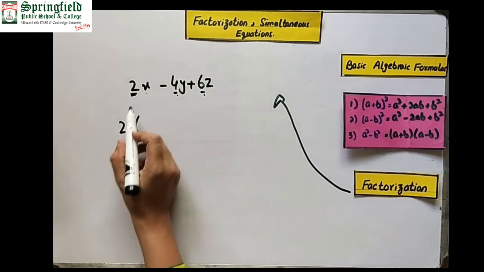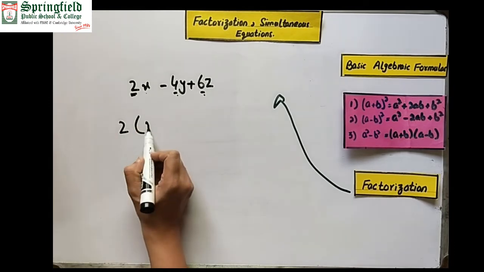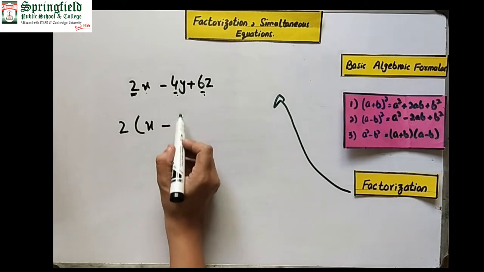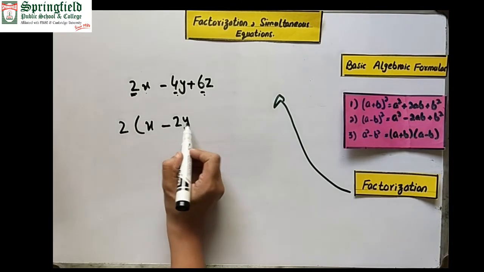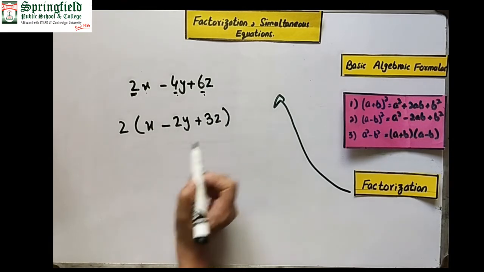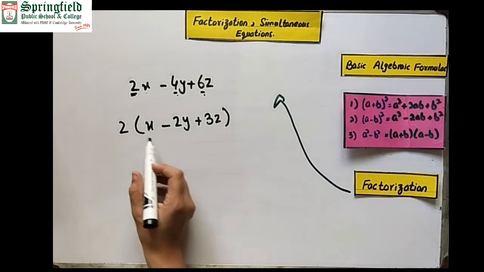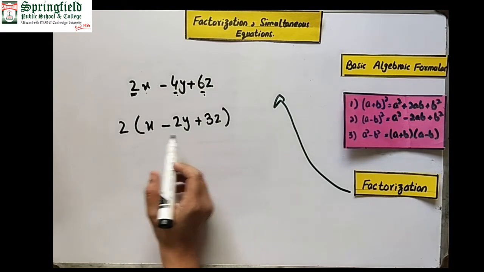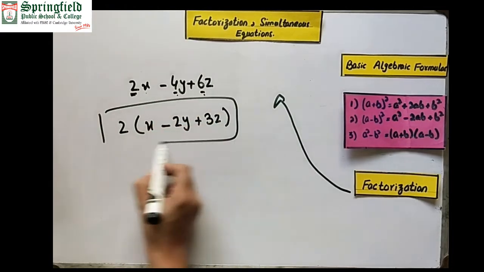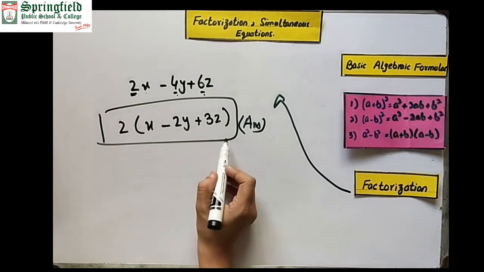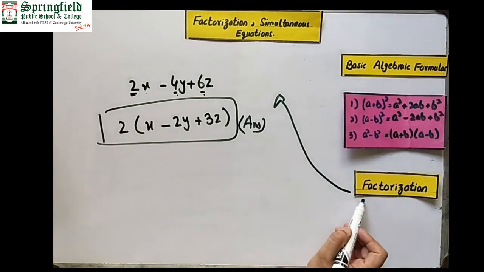When we take the 2 common, just x will be left inside the bracket, and then minus 2 2s are 4, so 2y, plus 2 3s are 6, 3z. Further we cannot take any common, so this is your final answer. And this procedure is called factorization.